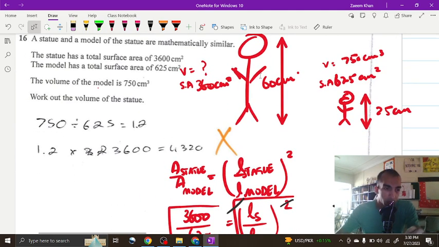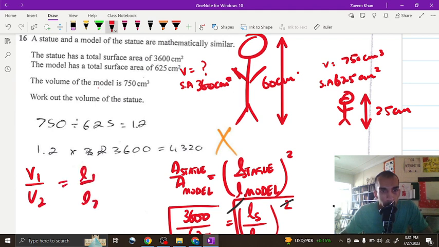Try to visit the screenshot that you took a little while ago and see if it helps. Volume 1 over volume 2 equals length 1 over length 2 whole cube. Excellent. Help me plug in the values.